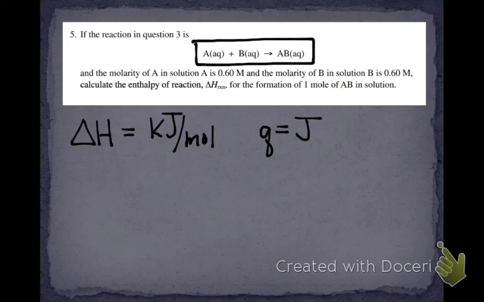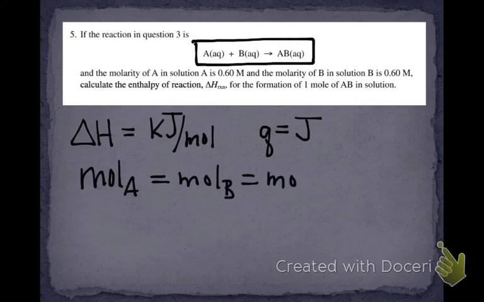We have coefficients of 1 for everything. So that's telling me that my moles of A equal my moles of B, which equal my moles of AB. All the coefficients are 1, so all the coefficients are equal.